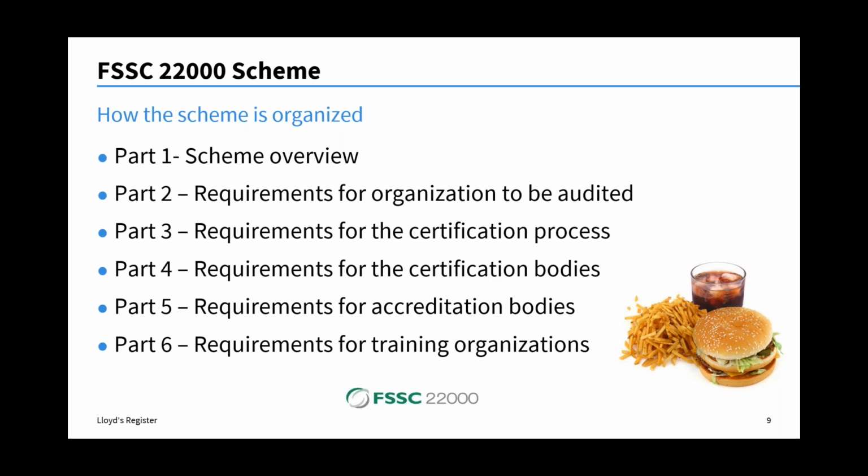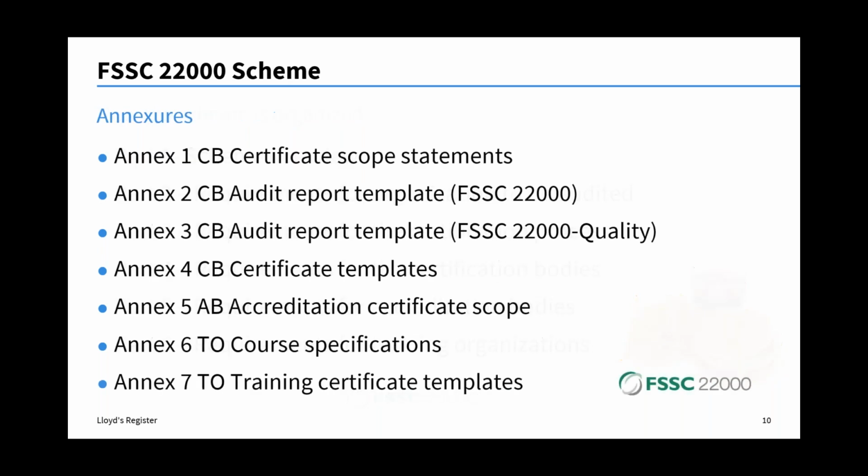FSSC also has published 7 annexures, and these annexures are mandatory and necessary for proper implementation of the scheme. Annex 1 is about the certificate scope statements. Annex 2 is about the audit report template. Annex 3 is about the audit report template for FSSC 22000 quality. Annex 4 is about CB certificate templates.